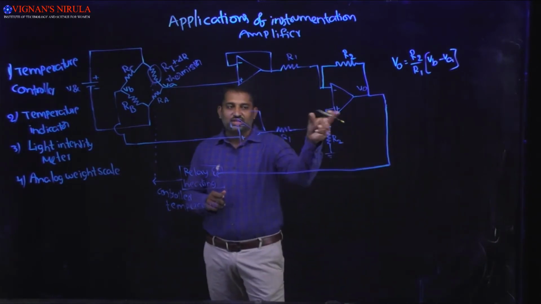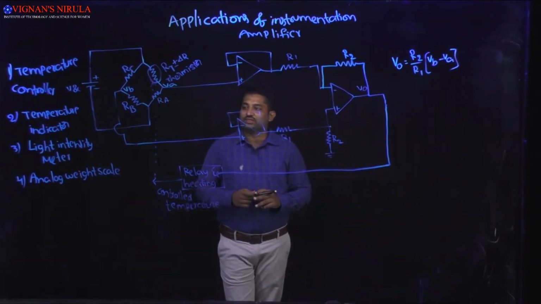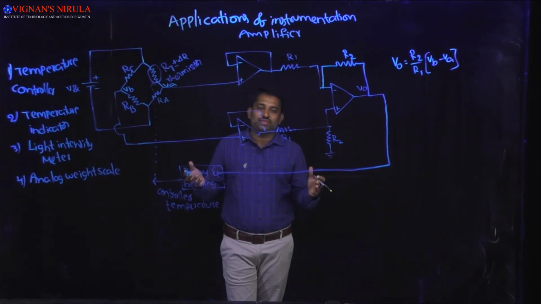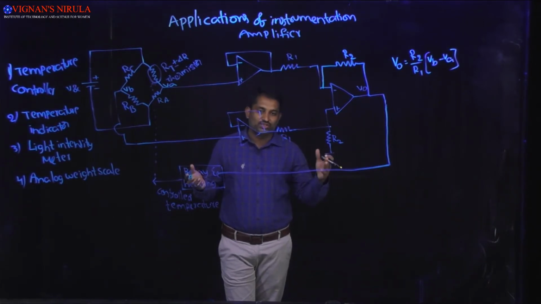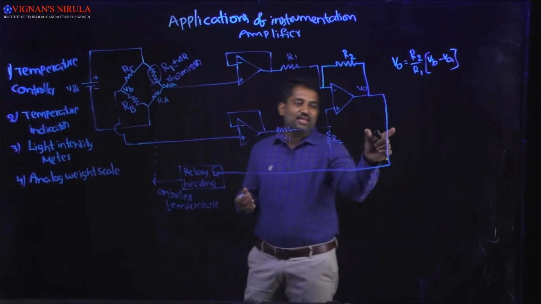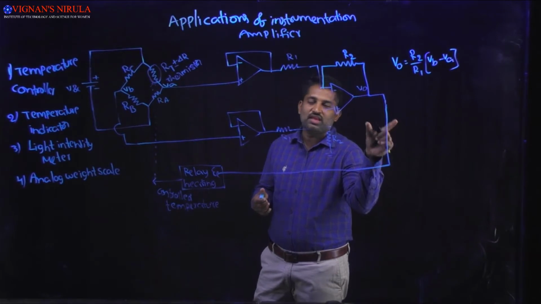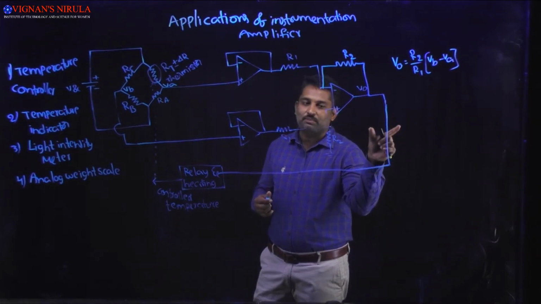Temperature indicator meter. Next, if the temperature falls on the thermistor, the resistance value changes. Once the value changes, the bridge is unbalanced and we get some output voltage, and again we get the temperature variation in the temperature indicator meter.